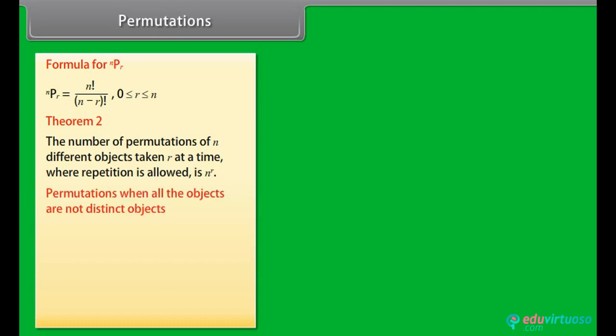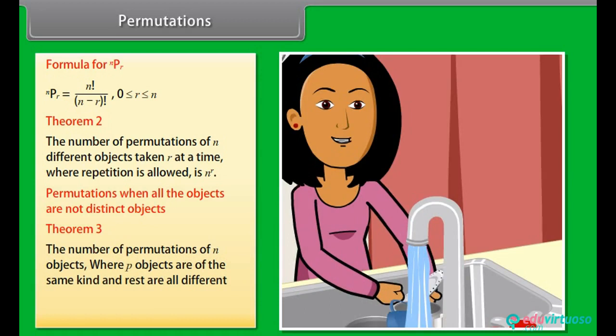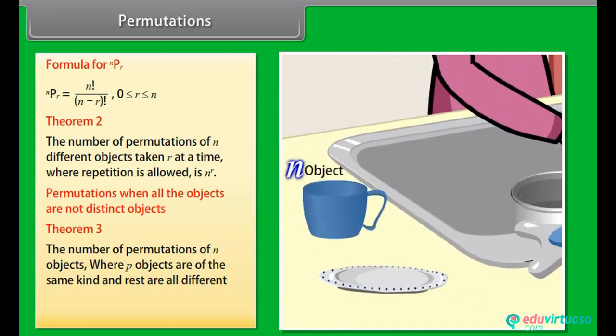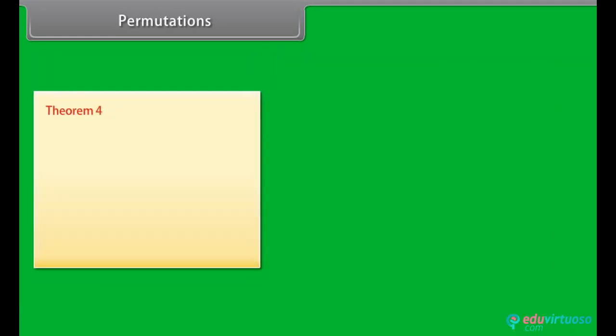Permutations when all the objects are not distinct. Theorem 3. The number of permutations of n objects where p objects are of the same kind and the rest are all different is equal to n factorial by p factorial. Theorem 4.